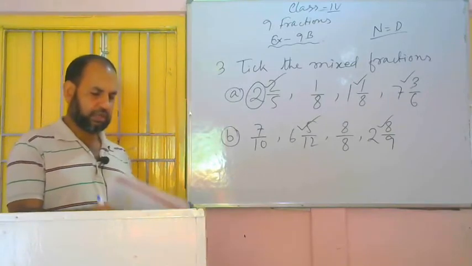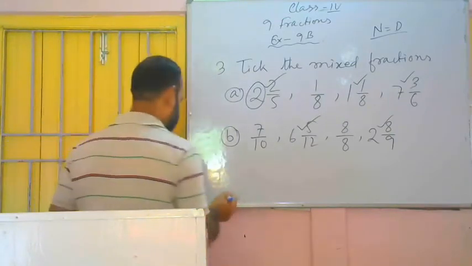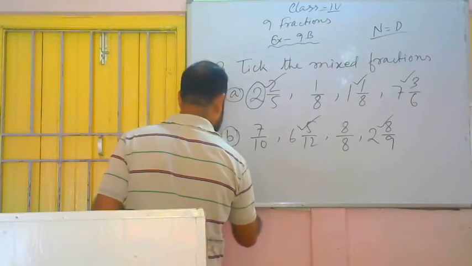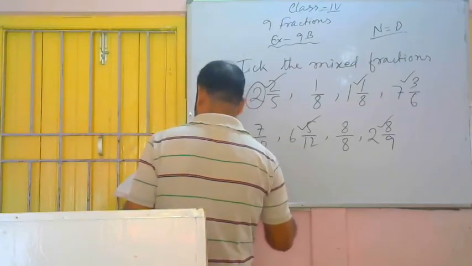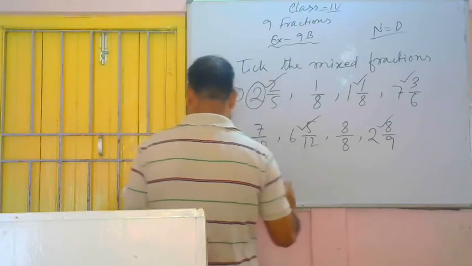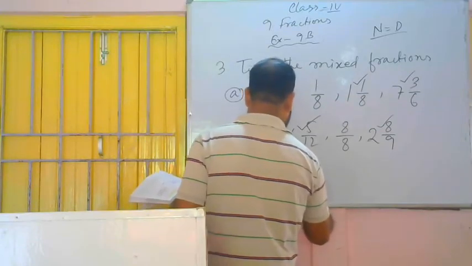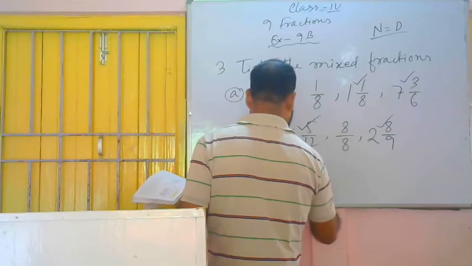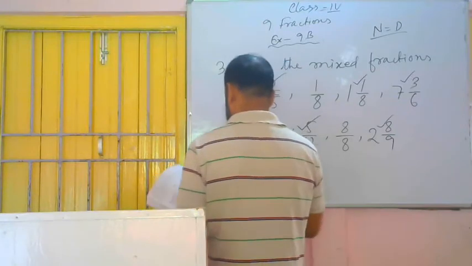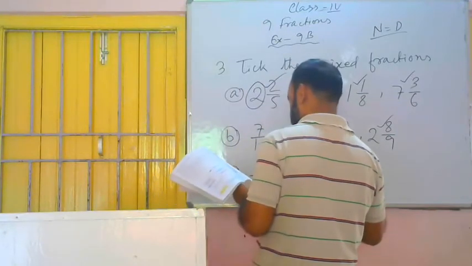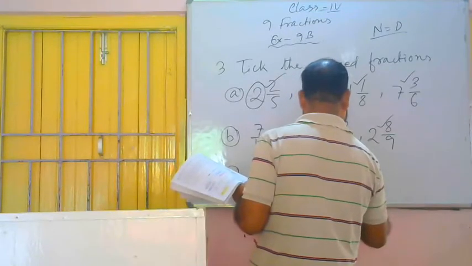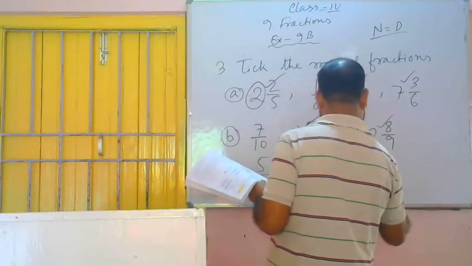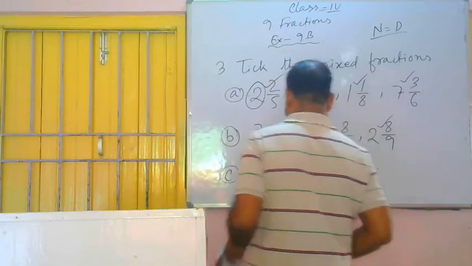Next, question number C: 5/9, 8 4/7, 3 6/13, 2/7.